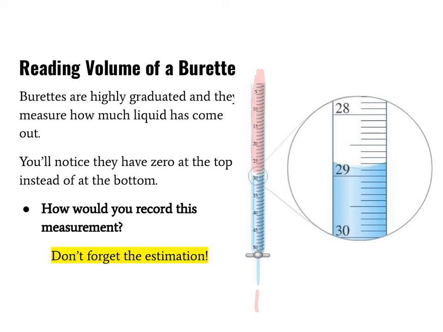So what we're going to do, and here's kind of a blown up image, you'll notice that because we're measuring how much drained out, it's actually backwards, right? 28 is on top, 29 is on the bottom, which is backwards from what we were just practicing. So same process applies. This is still in between 28 and 29. This is still 28.5. Working our way down, 28.6, 0.7, 0.8, 0.9.